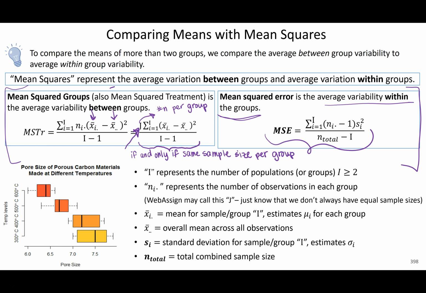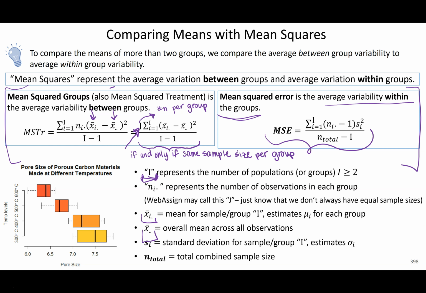Capital I is the number of populations or groups. J is the number in each group, as long as that number is the same in each group. X bar i, so this could be X bar 1, X bar 2, for whichever group you're looking at, is the sample mean for that particular group.